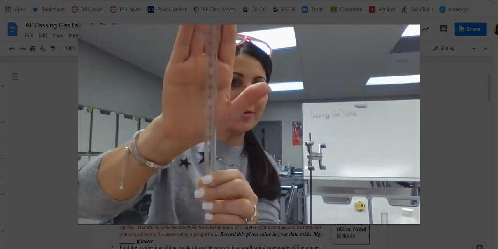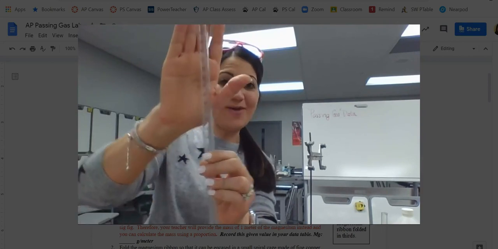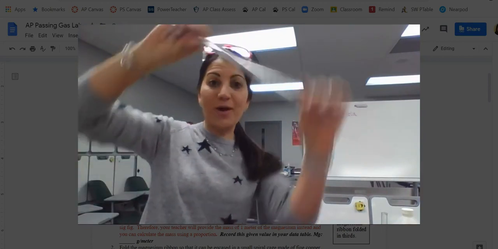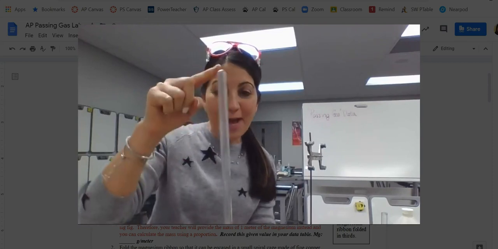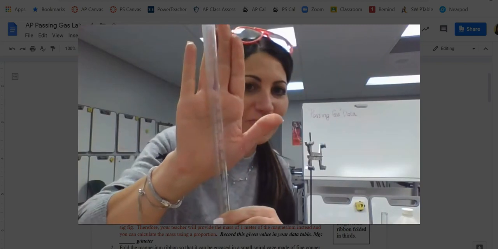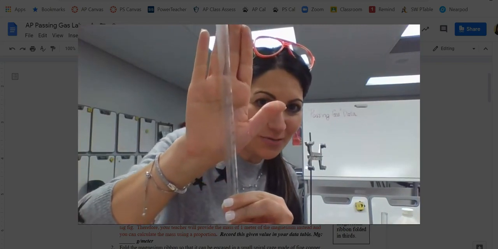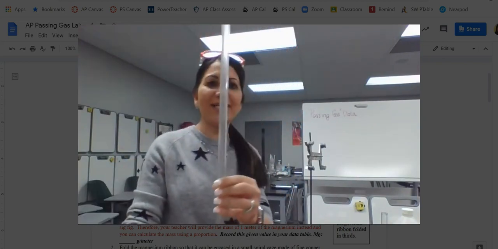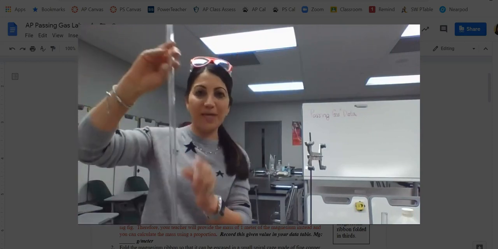Why are the numbers upside down? Well, the numbers are upside down because when you want to trap a gas, we would flip it upside down, and now if we looked at it, the numbers look right, okay? And so that's why the numbers are actually flipped on this.